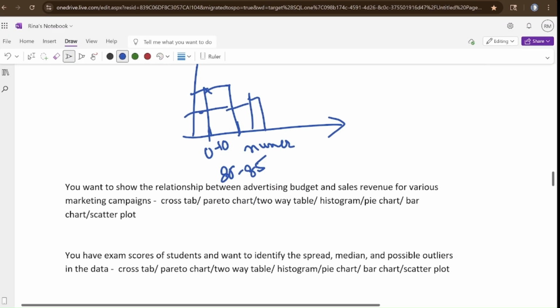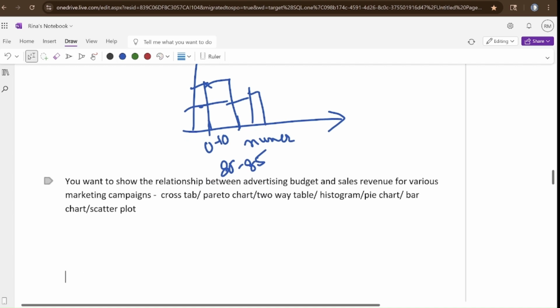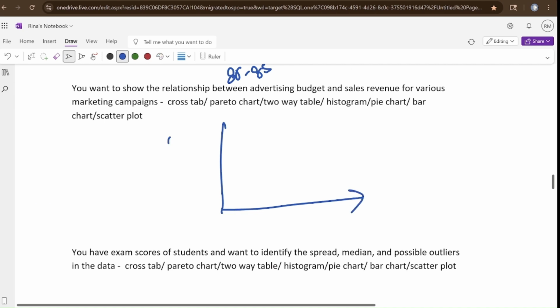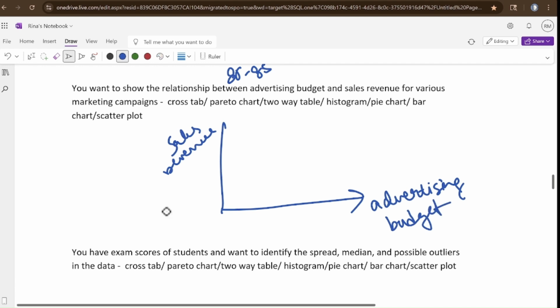Third question. You want to show the relationship between advertising budget and sales revenue. See, that means you have to show sales revenue here and advertising budget. So this is also a numerical quantity.